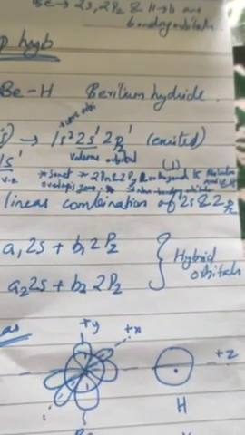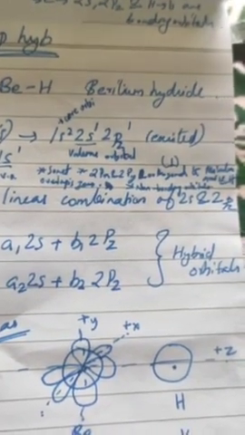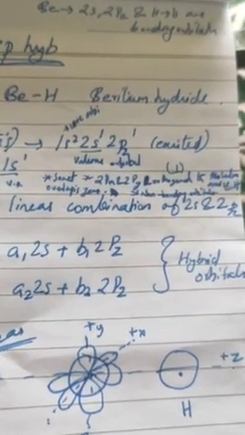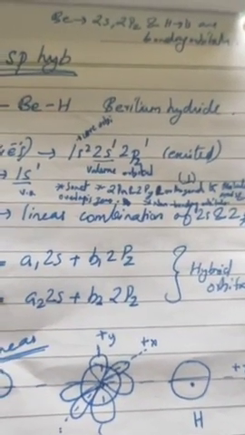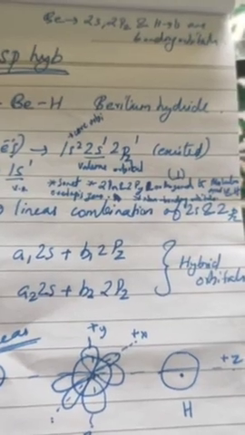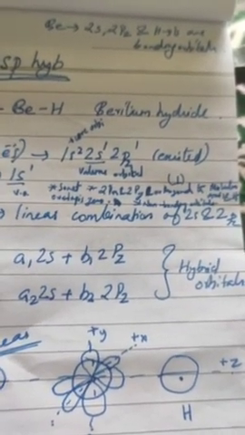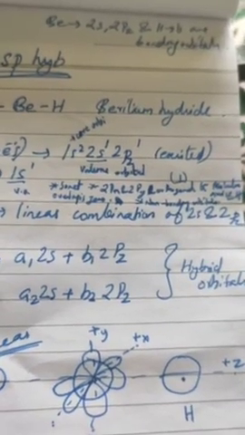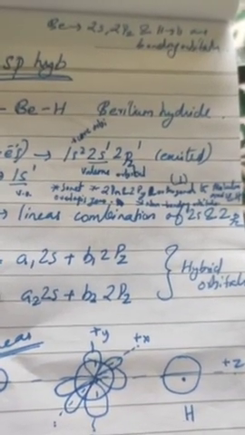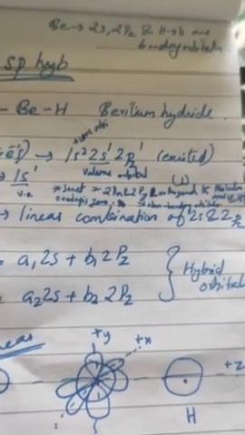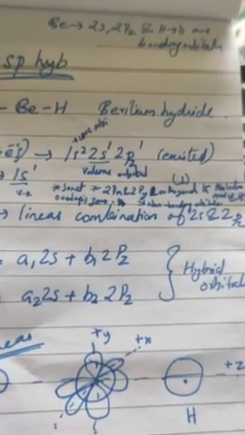So in the case of 2px and 2py, the net overlapping is 0. Similarly, in the case of 2pz, maximum overlapping is possible along 2pz, so that the covalent bonding is formed along that direction.